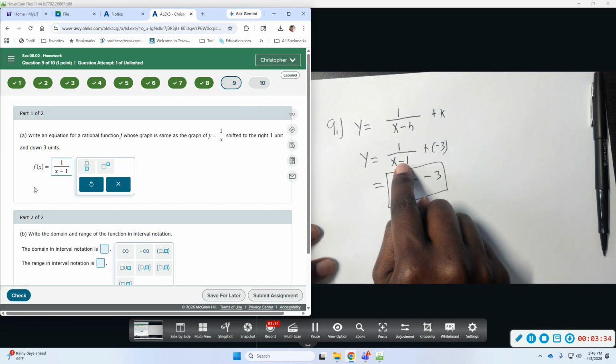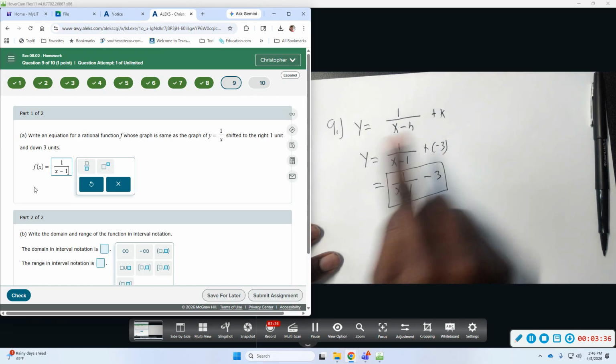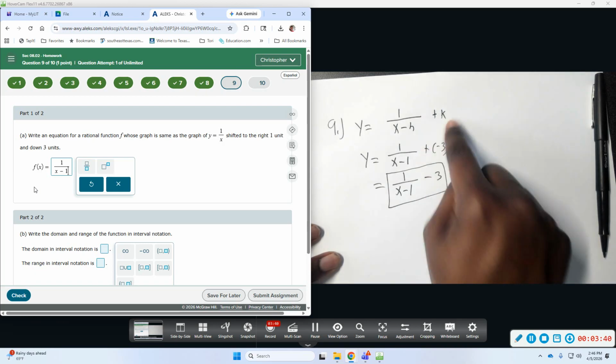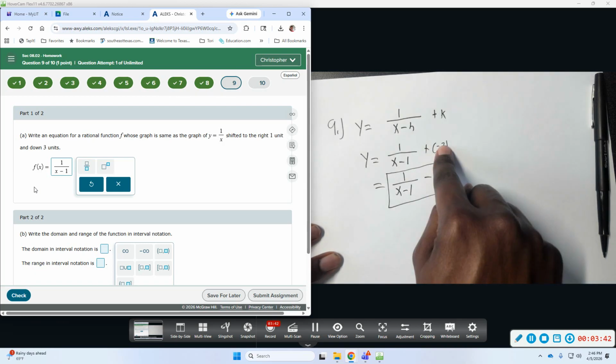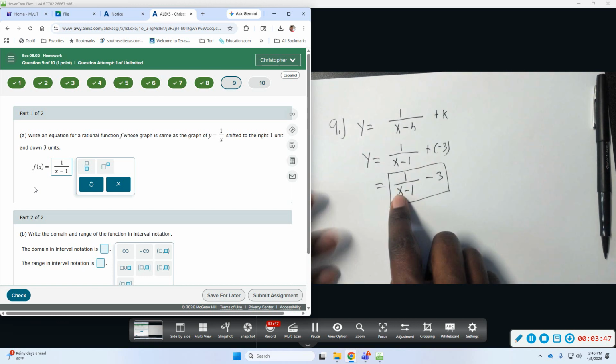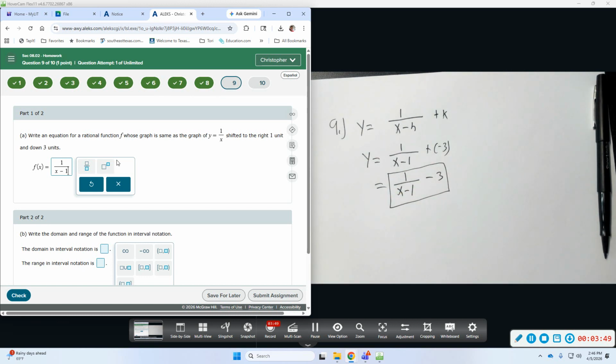So if I see plus 1, that means I'm going to go left 1 unit. If I see minus 1, I'm going to go right. The k does exactly what you see. A plus 3 means go up 3. Minus 3 means go down 3. Only things that are with x are going to do the opposite. And then we're going to move over and say minus 3. So that's going to be our function.